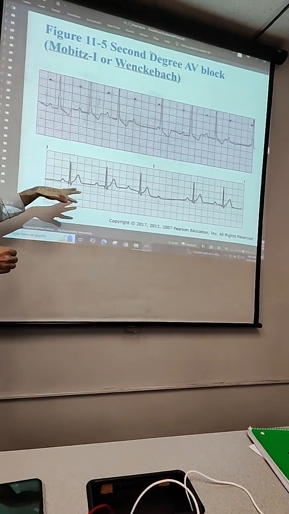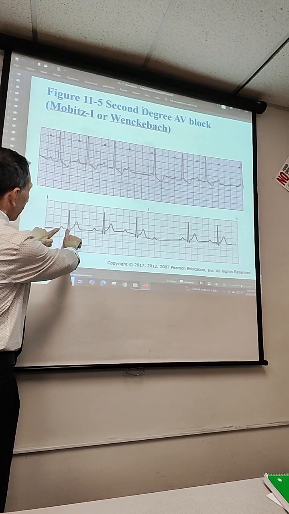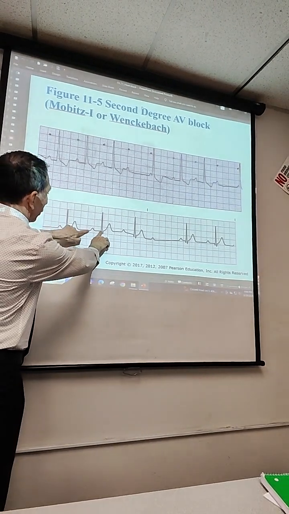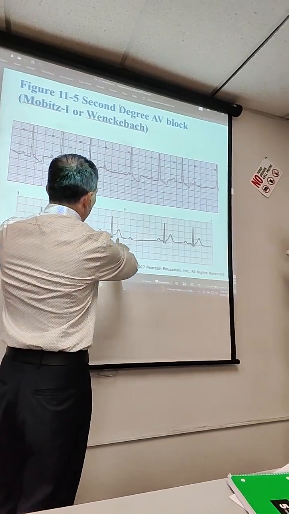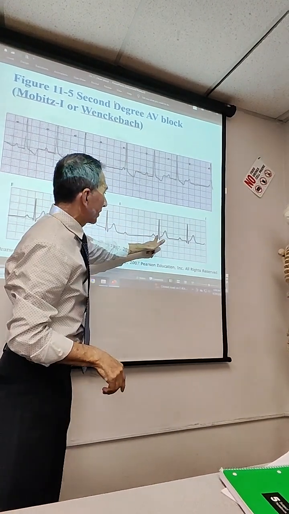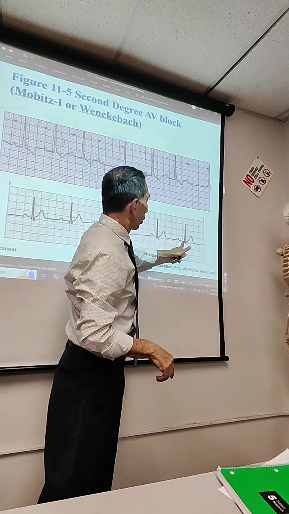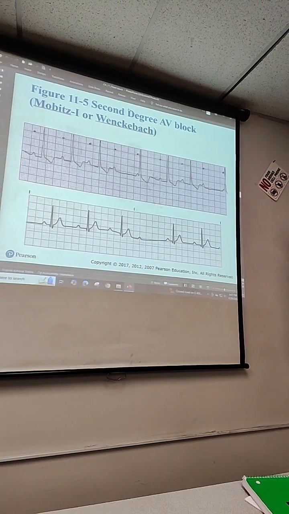This one is a lot easier. See, this is the PR interval. PR interval. PR interval. See how long it is? Now, PR interval. Oops, I've dropped one. Now it starts again normal, a little longer, a little prolonged, and drops at QRS.